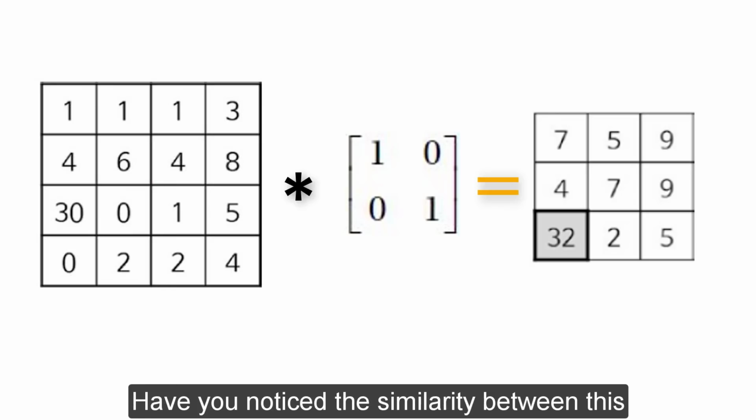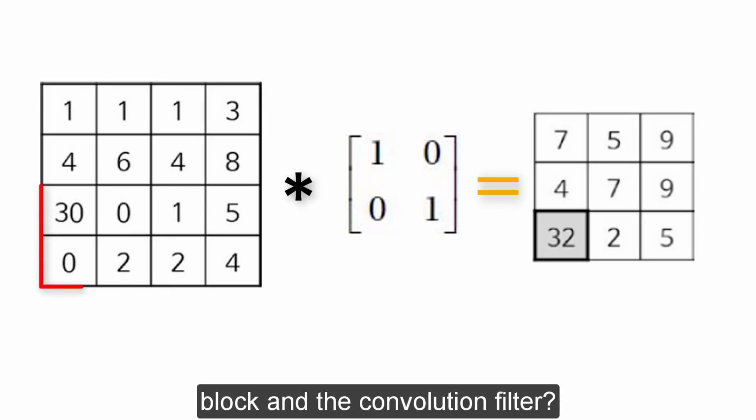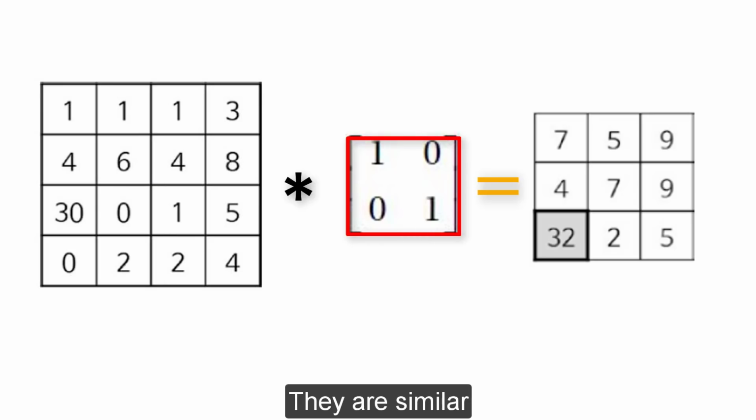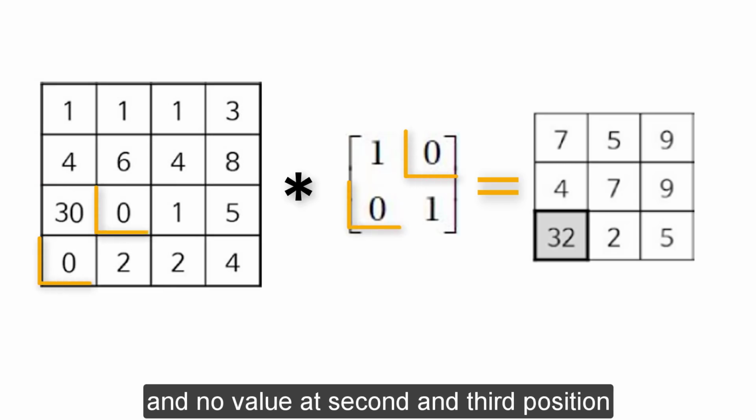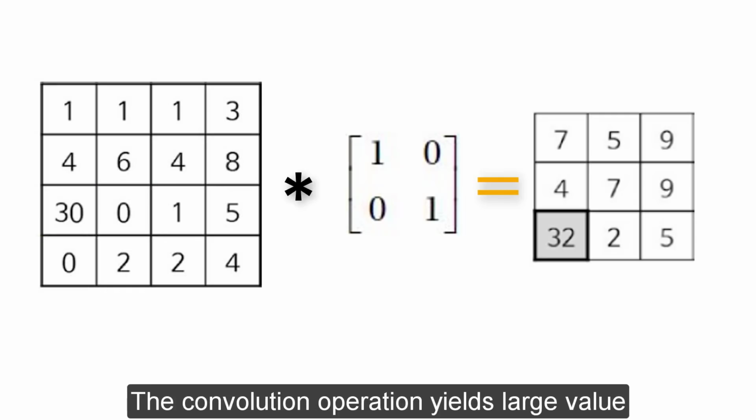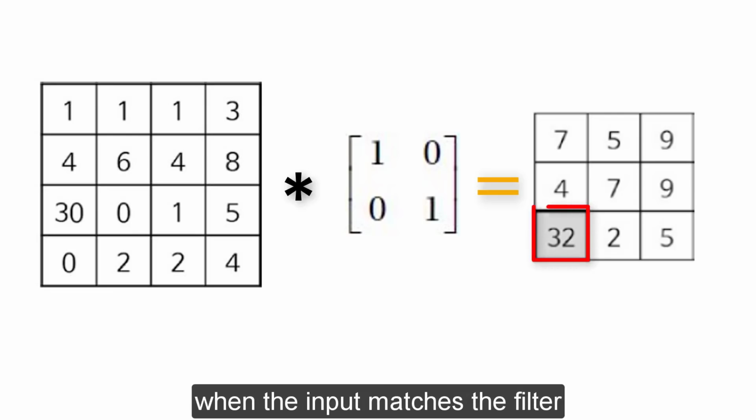Have you noticed the similarity between this block and the convolutional filter? They are similar. Both of them have value at first and fourth position and no value at second and third position. The convolution operation yields large values when the input matches the filter.